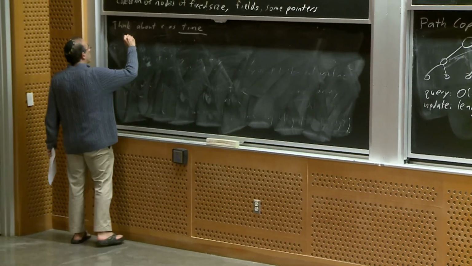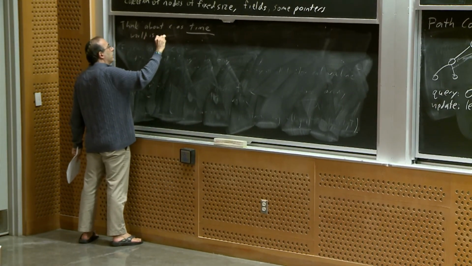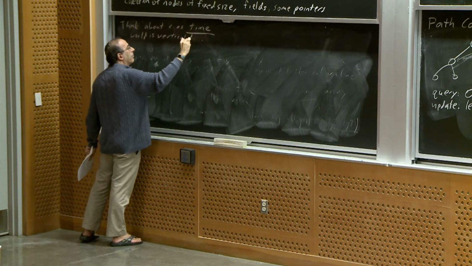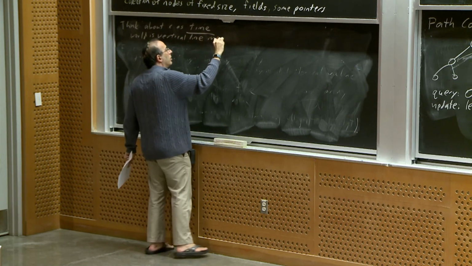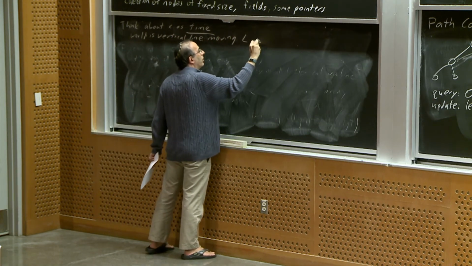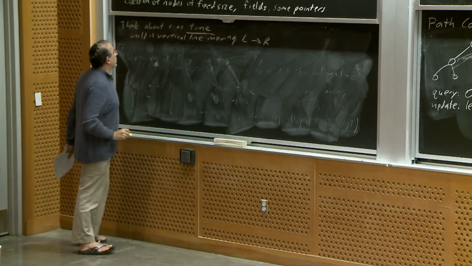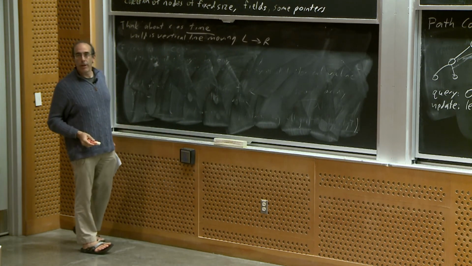Right? So the world is a vertical line, moving from left to right, where x is the time coordinate.